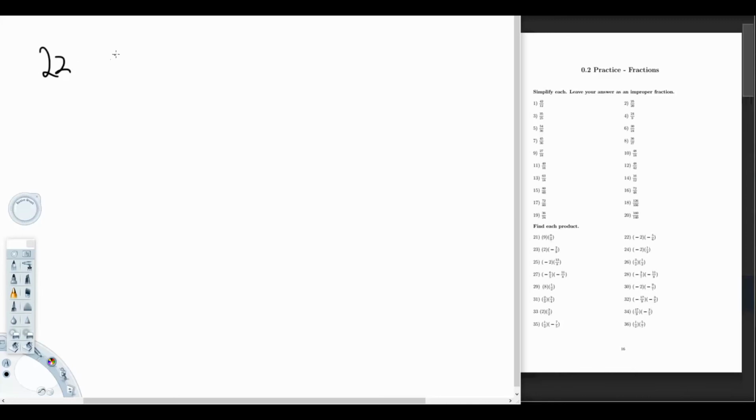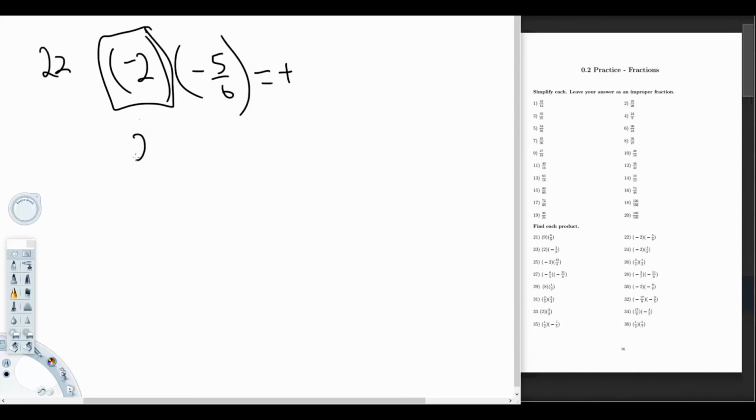Moving along, number 22. So negative 2 times negative 5 over 6. Of course, we're finding the product, we're multiplying. Here they threw in some negatives. So when you have two negatives or two positives, it's always a positive. So we know the answer is going to be positive. And since this is a whole number, it's really negative 2 over 1 multiplied by negative 5 over 6.